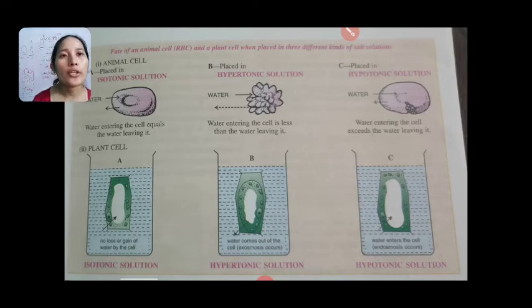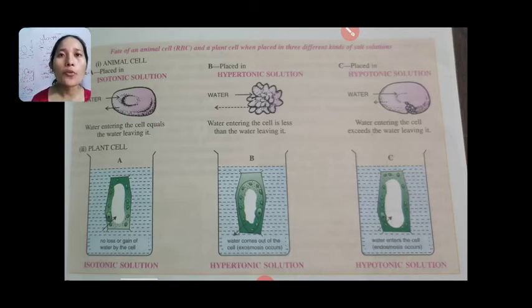Now hypertonic, I told you hyper means high. So here the concentration of solute is high. Concentration of solute is more means less amount of water, less amount of solvent as compared to inside the cell. So if you have less amount of water outside as compared to inside the cell, what do you think will happen?